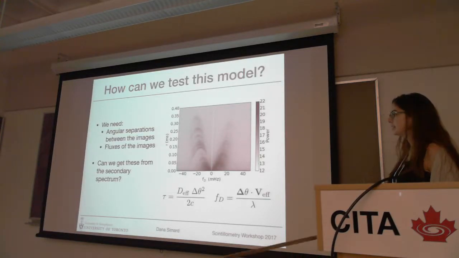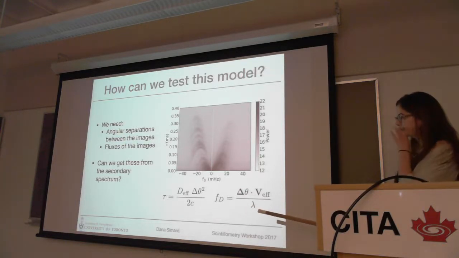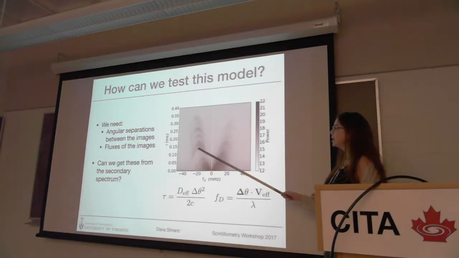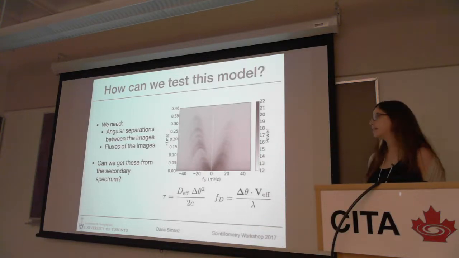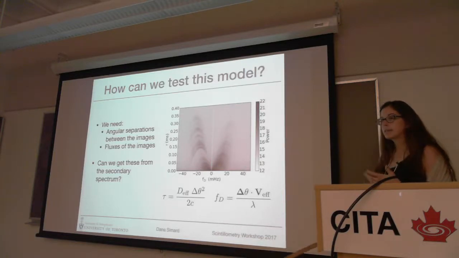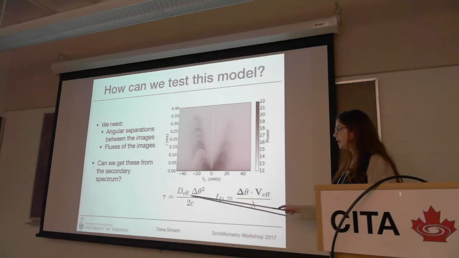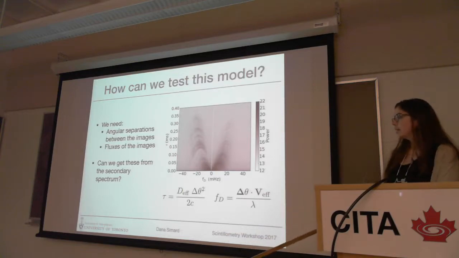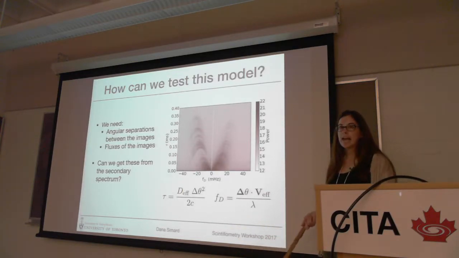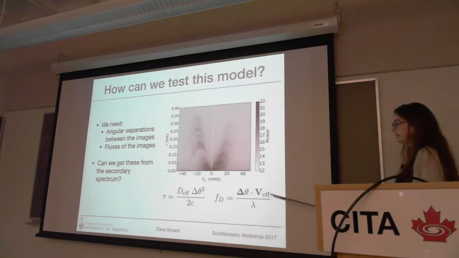And now I think you've already seen this a few times before, but in the secondary spectrum, we know that the location of the apexes of these inverted or reverse arclets tells us about where the actual image is on the sky, because of the way that the angular separation comes in to both the delay and the Doppler frequency. But we also need to know things about our scattering system, including this effective distance and the effective velocity.